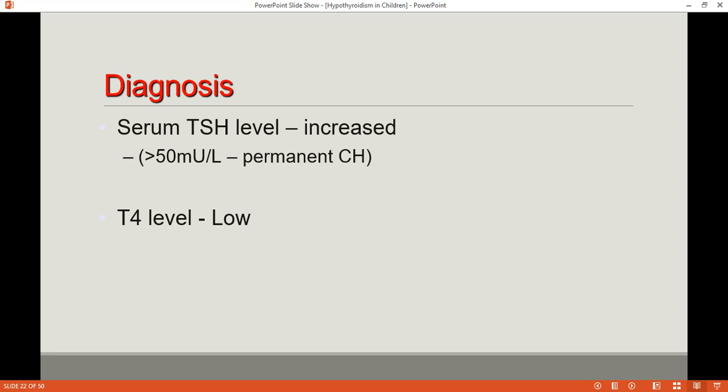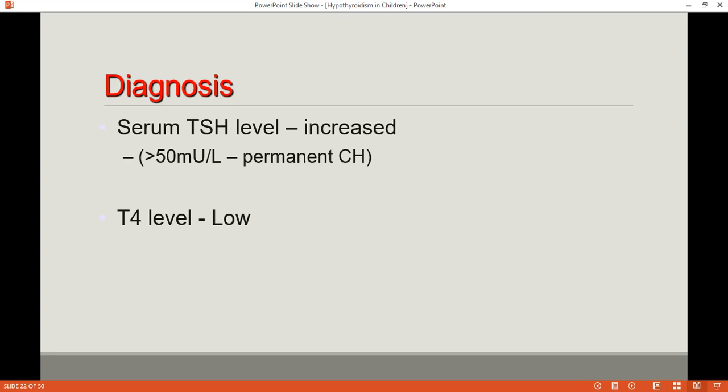Serum TSH level, as I already said, is increased in primary hypothyroidism, and if we get more than 50 units, it is usually permanent congenital hypothyroidism. T4 is low and TSH is highly raised.